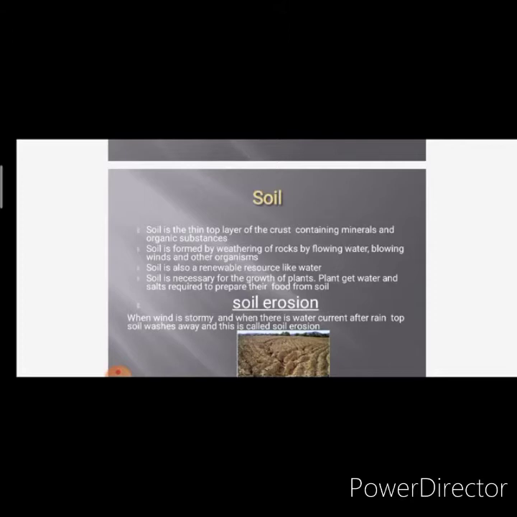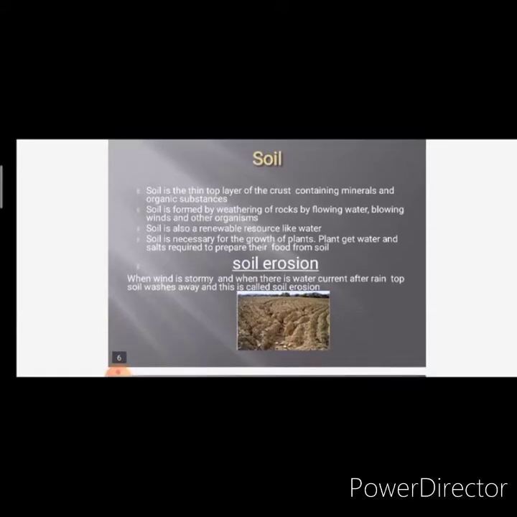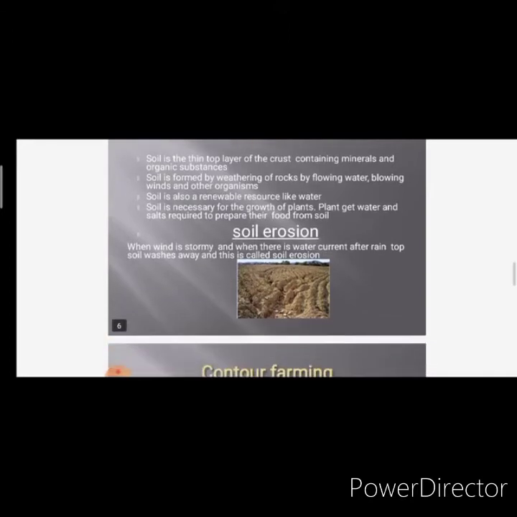Soil is necessary for the growth of plants. Plants get water and salts required to prepare their food from soil. It is the top layer of the earth and it is a very, very valuable natural resource, and we should try to conserve it.